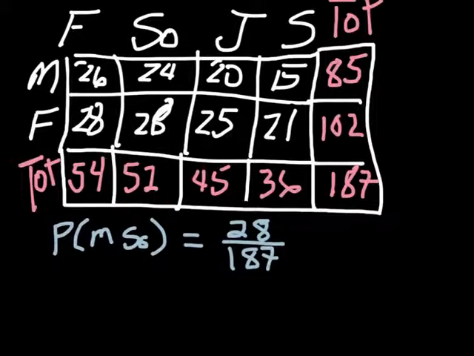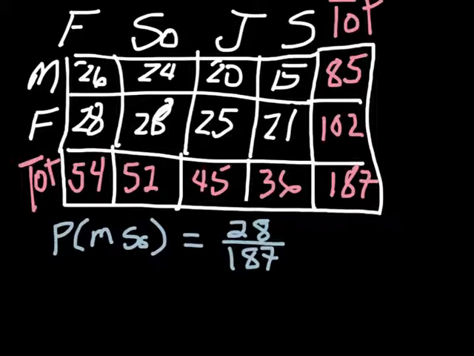And if I wanted to find the probability of male sophomores given that they were male, then my total would have been the male total. And so these contingency tables give you lots of totals, and it makes it really nice to find certain probabilities.